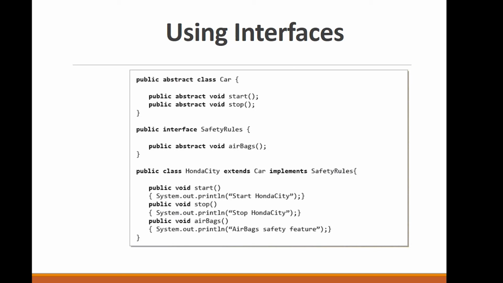So ibig sabihin, if you're going to implement the interface, he has to follow that one. Okay? So this time around, 'di ba nga, if you're going to extend yung abstract method, walang choice yung mga subclass but to follow all the abstract methods na meron.